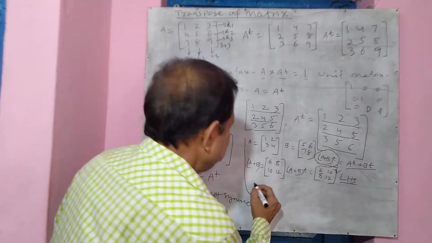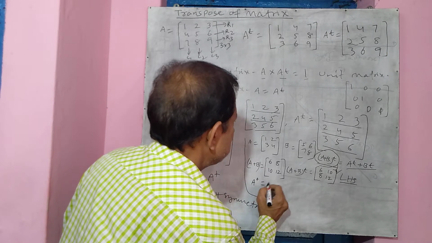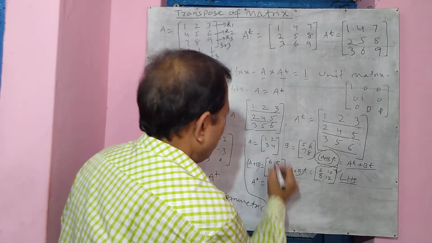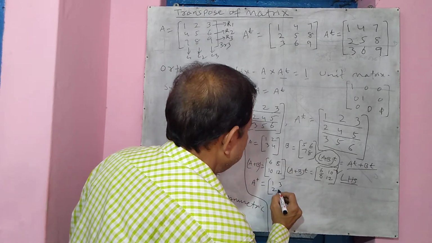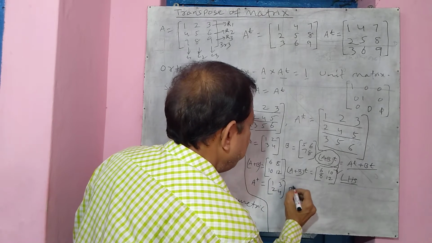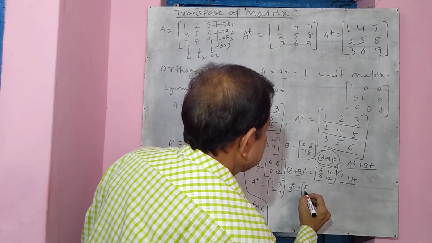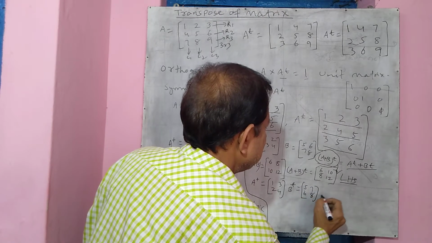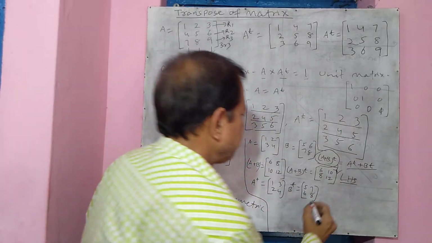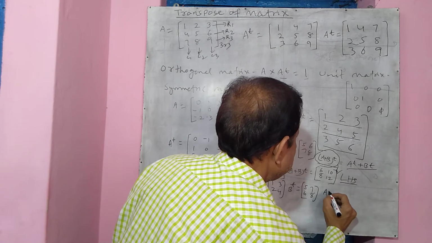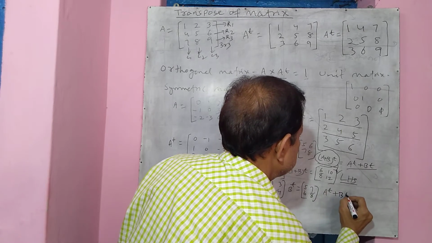Now this is A. If I ask what is A transpose, then you will say 1, 2 and again 3, 4. If I say B transpose, that becomes 5, 6 and 7, 8. So I have to do A transpose plus B transpose.